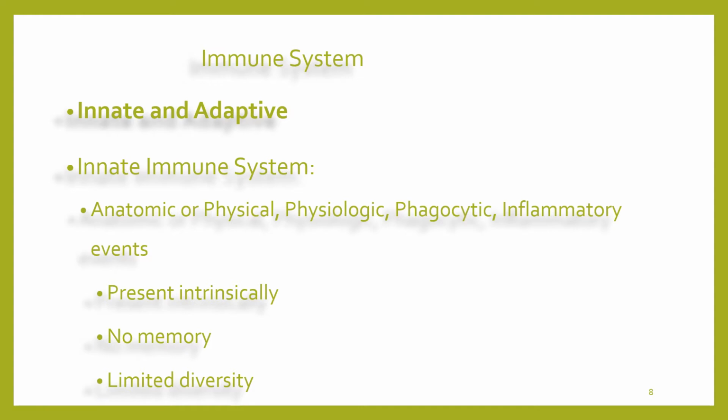These are your anatomic or physical, even physiologic reactions, your normal reactions, the phagocytic and inflammatory events that happen inside your body. Your innate immune system is present intrinsically, meaning within ourselves, but this type of immune system offers no memory. It's just there, it reacts, it protects us, and it has limited diversity.